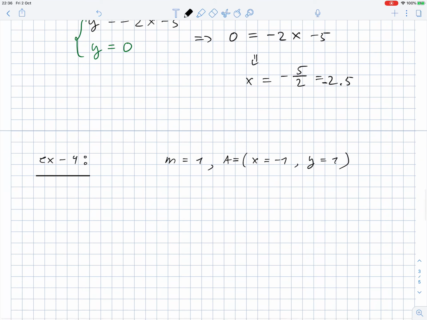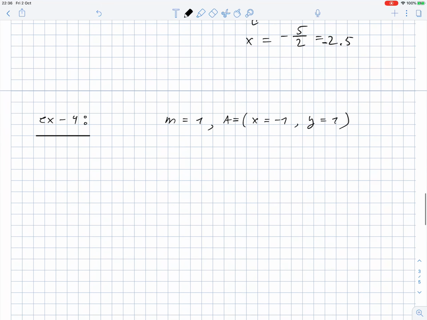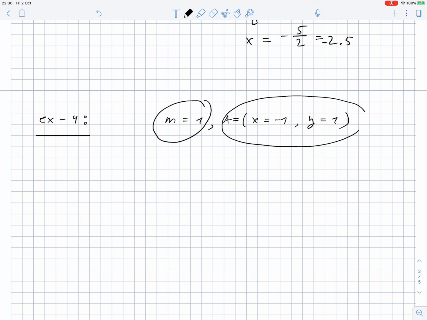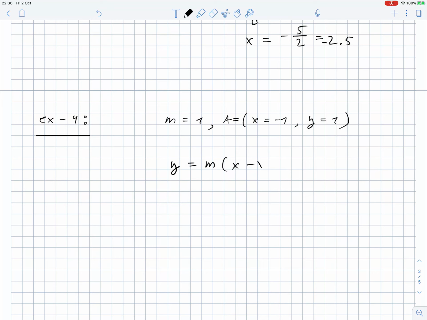And the last example, again we have the slope, which means one step less, and a point that belongs to the linear function that we're going to build. Again, our formula y equals m times x minus x0 plus y0.